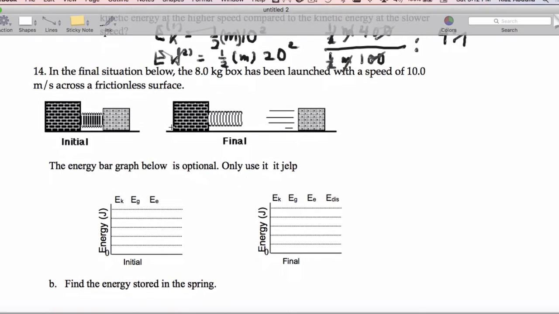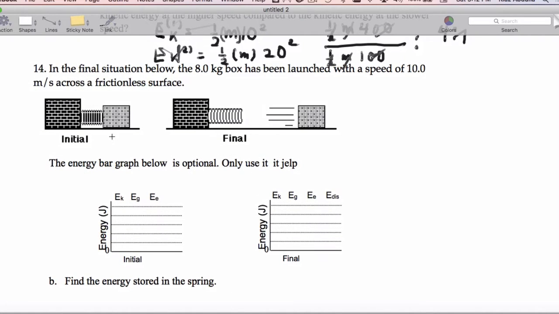All right, number 14, we have a situation where a box is against a compressed spring, and then it's launched with a speed, and we want to find the energy stored in the spring. So this is a little different than the pre-lab problem that we did.